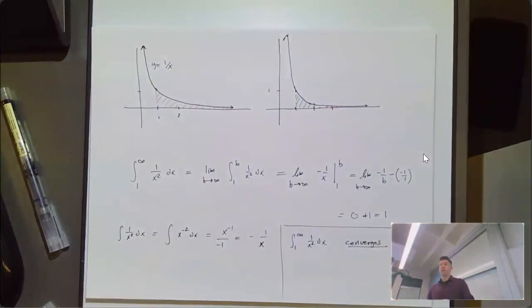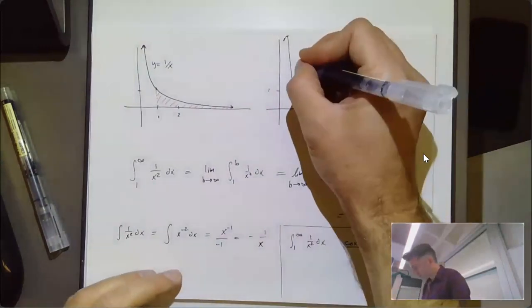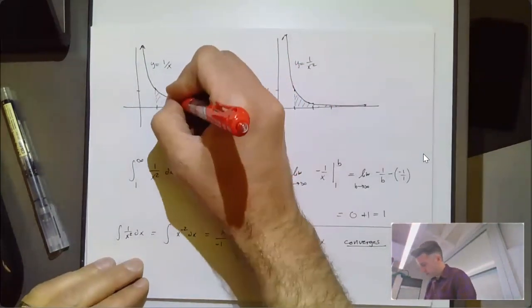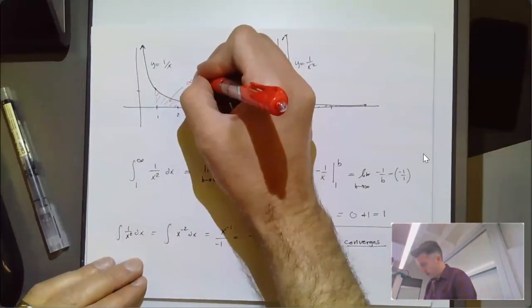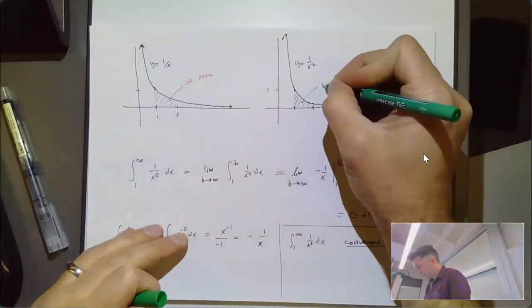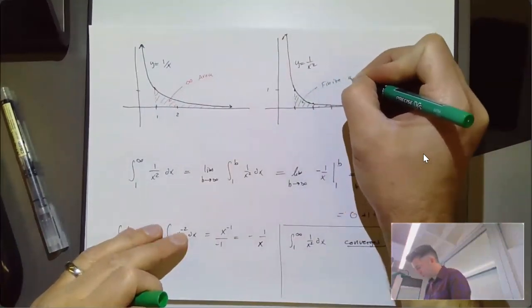It's small enough, or gets small fast enough, that that area is finite. So here we have infinite area. Here we have finite area. Say that it's equal to 1.